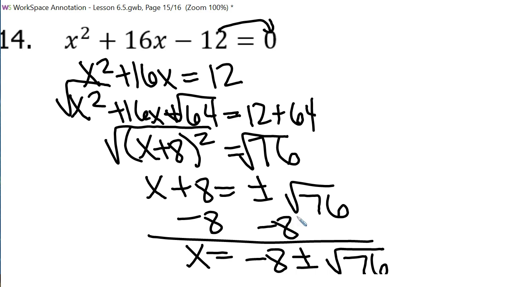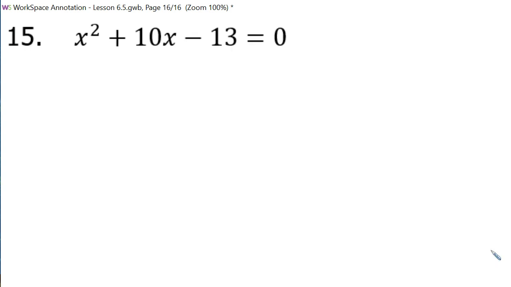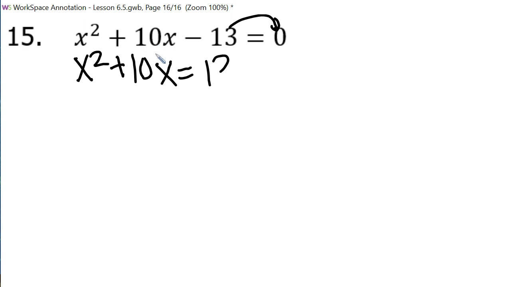Okay, last one. Number 15. Is this in the correct format? No, what needs to move? Negative 13. What happens to negative 13 when we move it to the other side? It becomes positive 13. We need to complete the square.